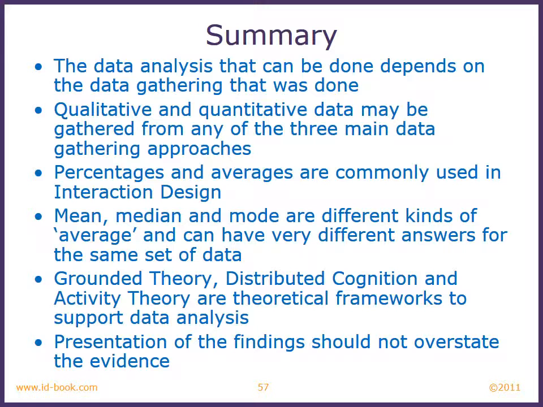Quantitative data analysis for interaction design usually involves calculating percentages and averages. There are three different kinds of average: mean, mode, and median, which we are all familiar with from our statistics classes and high school.